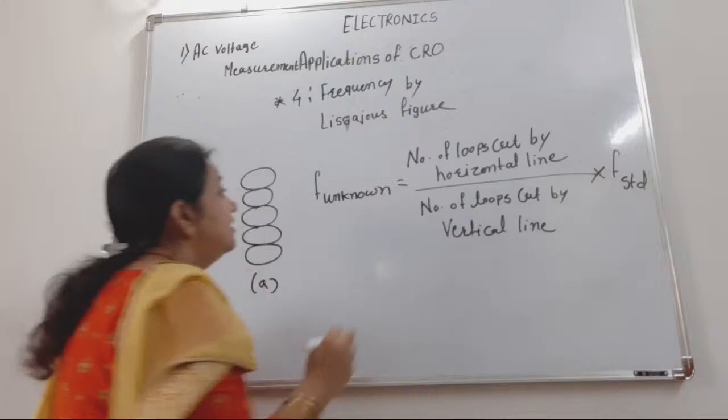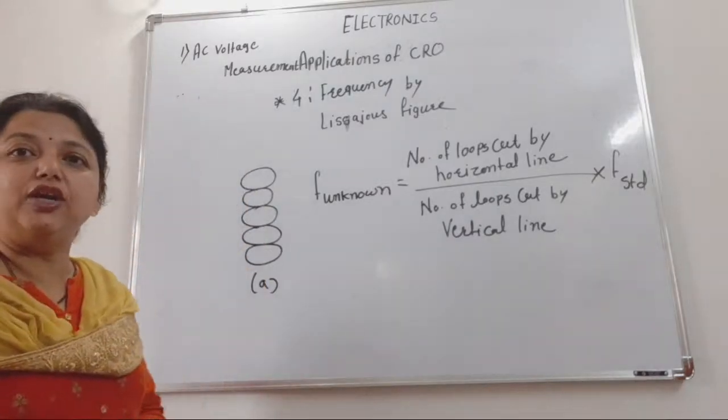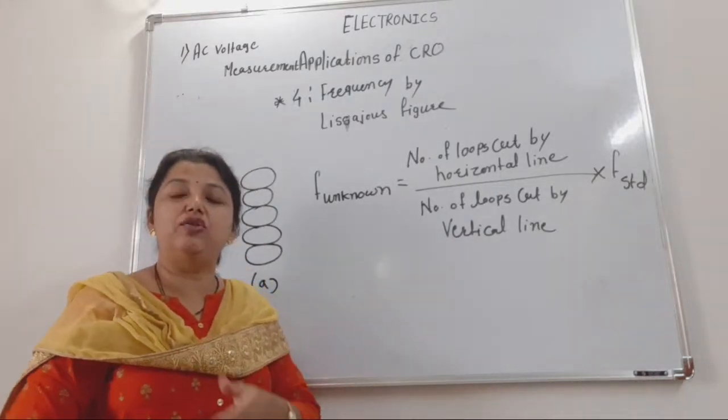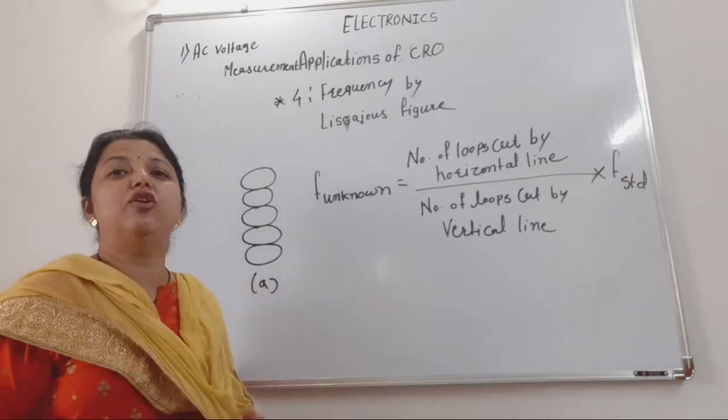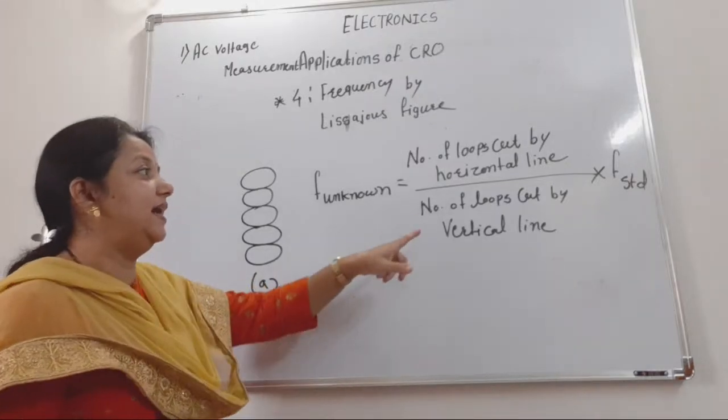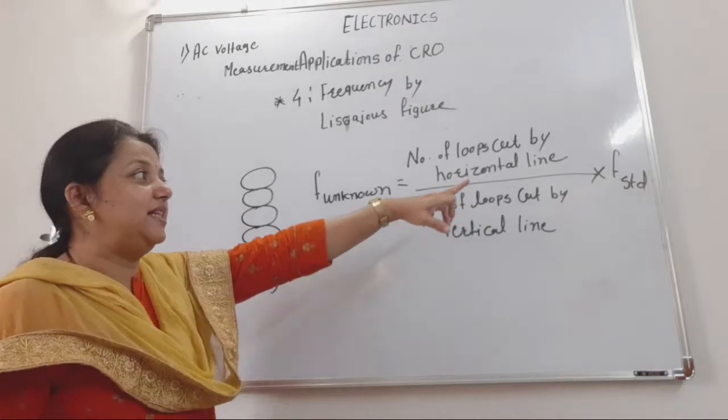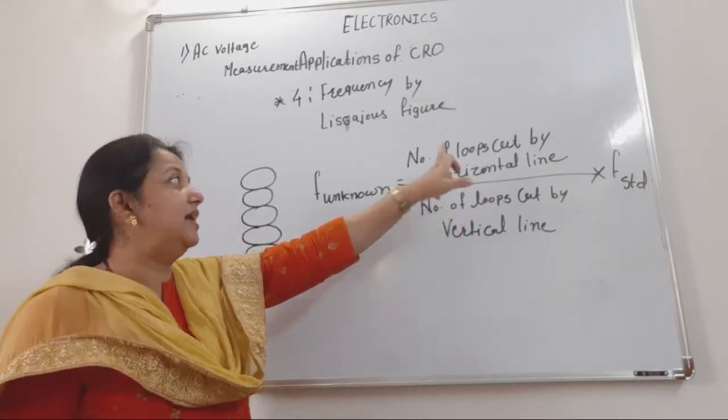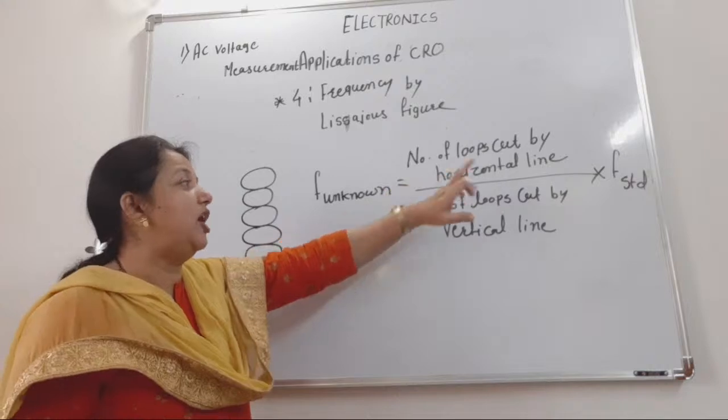The standard input signal we already applied to the horizontal amplifier or horizontal deflecting plates, the horizontal input, is provided with known frequency. That frequency is multiplied there.